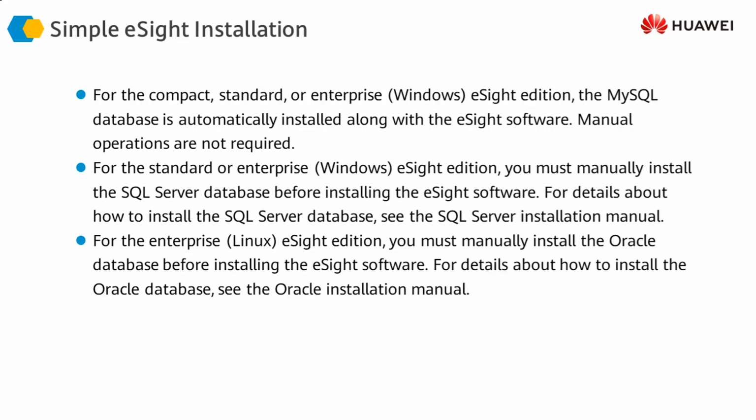Otherwise, if they are installed separately, we just have to make sure that the database is installed first, whether it's SQL database or Oracle database. The database is installed first, and then we install the eSite software. So we have to make sure that the database is installed before the software is installed. Just keep this point in mind while we're doing the installation.